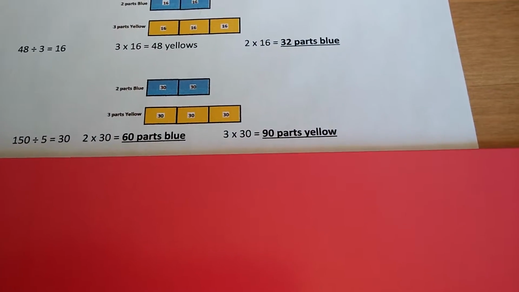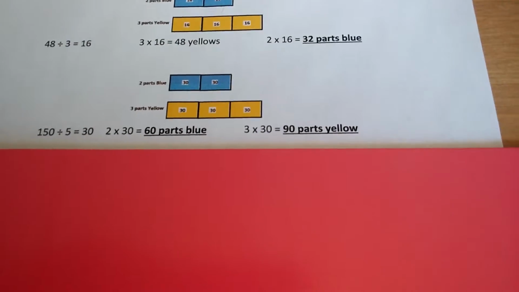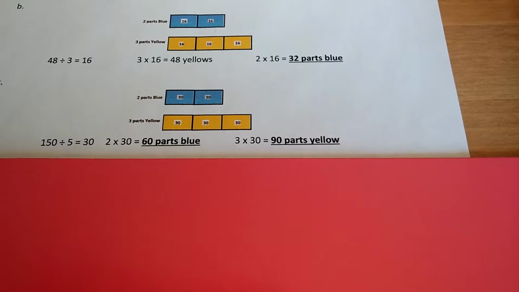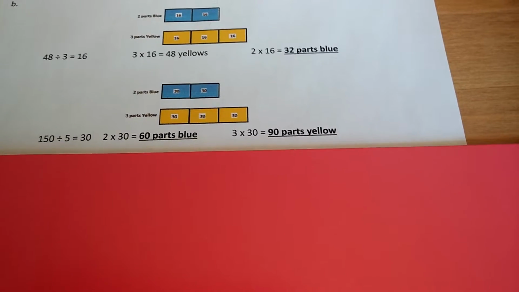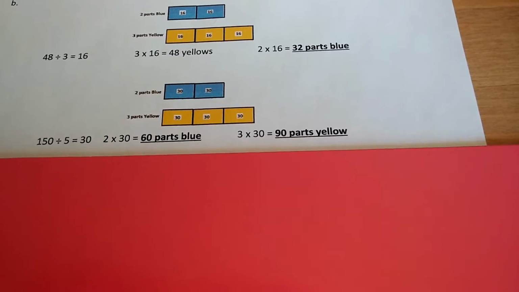And then we know each part has 30, and then we can do the easy multiplication. Our first answer, 2 times 30, equals 60 parts blue. And our second answer, 3 times 30, equals 90 parts yellow.